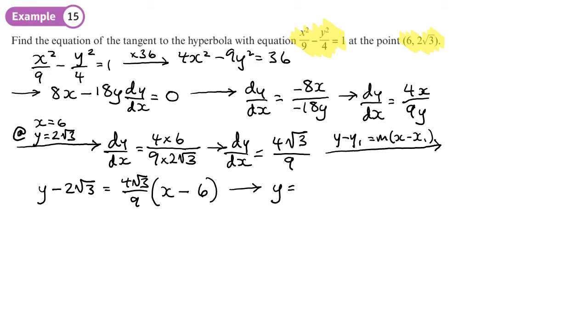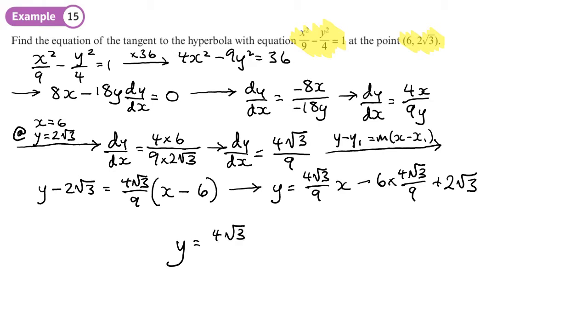Right, let's expand the brackets and move the 2 root 3 across. So I will have 4 root 3 over 9 x, then minus 6 times 4 root 3 over 9, and then plus the 2 root 3. So I'll have a final answer of y equals 4 root 3 over 9 x. Now let's work out what this 24 root 3 over 9 is.